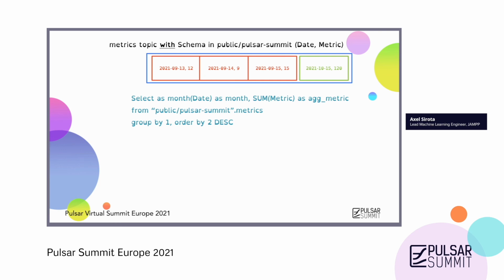You can even get the month and do an aggregation of the sum of the metrics for each month, because this is simple SQL and we can do simple SQL. And from there we can hook it up with all of the external systems that we can think of.